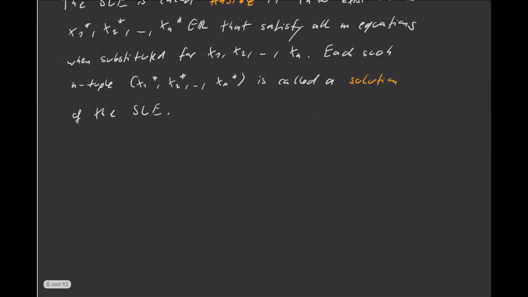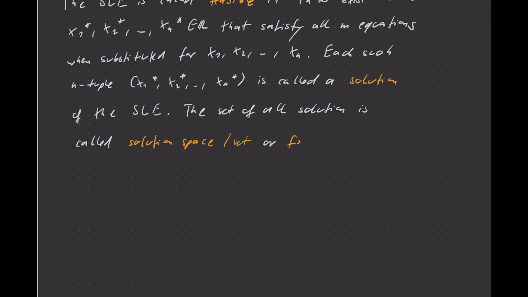And finally, the set of all possible solutions is called the solution space or the feasible region or feasible set. All solutions is called solution space or solution set, or also feasible region or feasible set.